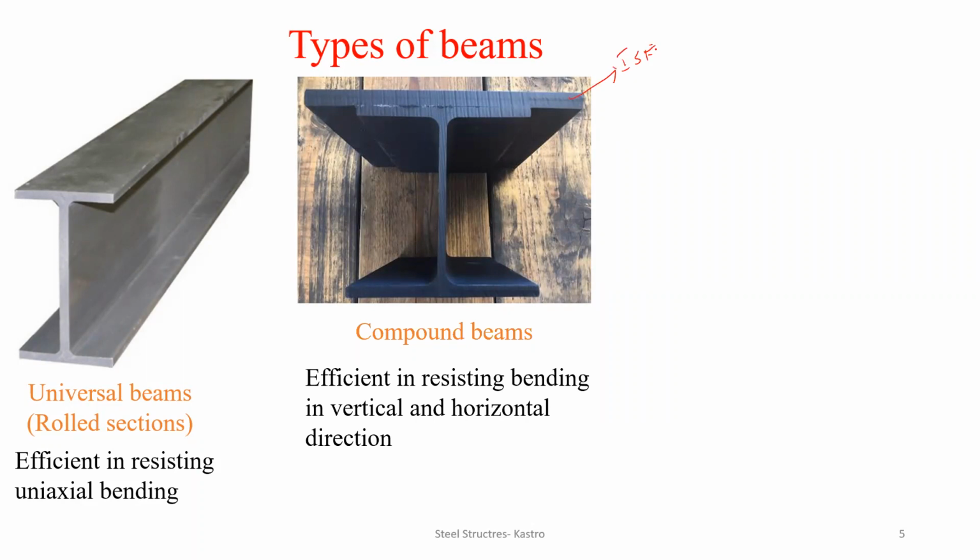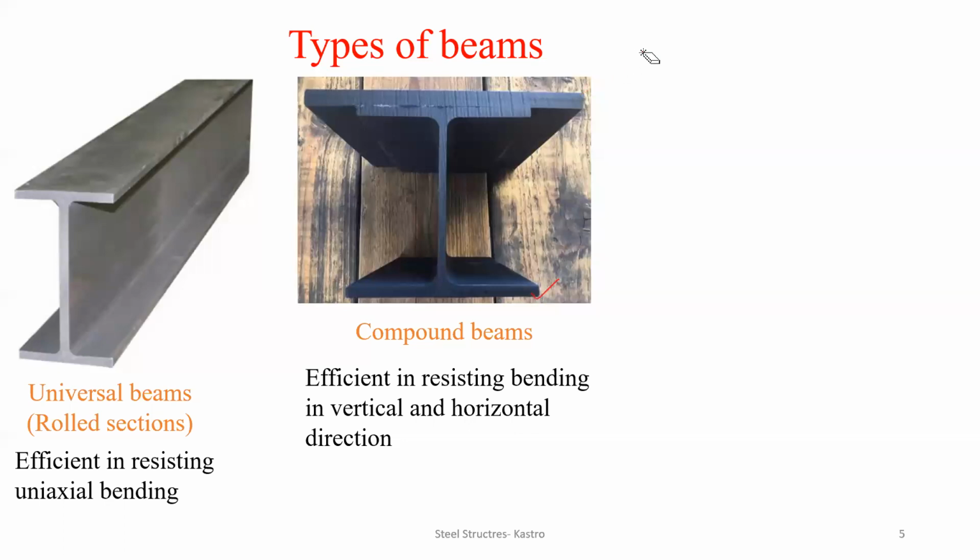That is called a compound beam, and these compound beams resist bending both in the vertical direction and in the horizontal direction. And remember, these flats, that is the top plate which is provided on the top flange, can be provided either on the top flange or on the bottom flange, and sometimes they can be provided on both the top flange as well as the bottom flange. So this is what the compound beam is.